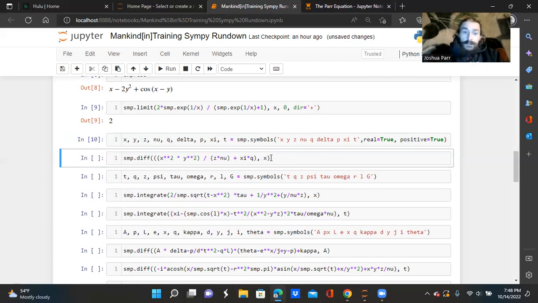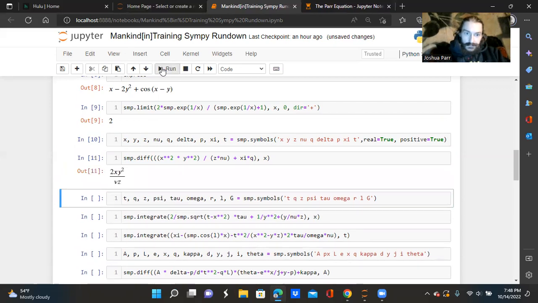So now I'm going to differentiate x squared times y squared divided by z times nu plus xi times q with respect to x. And bam, gives me the answer with the quickness: 2xy squared over nu z.